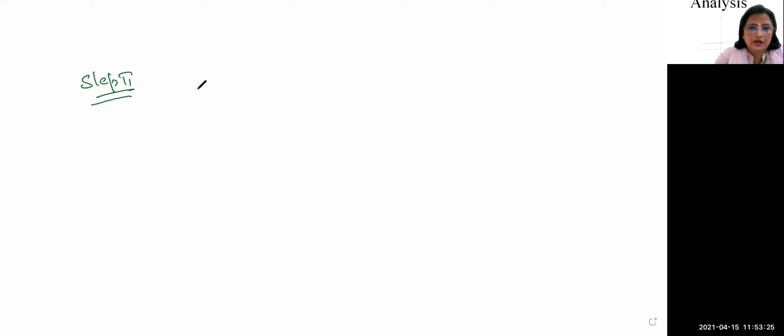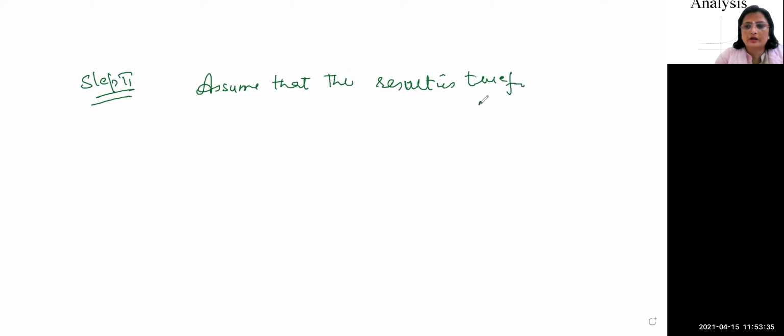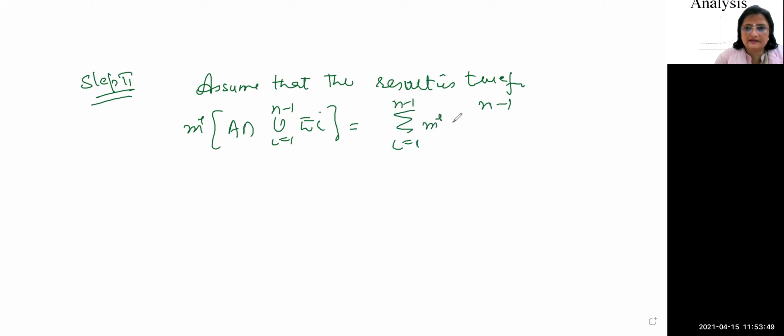Step number 2, assume that the result is true for n minus 1. It implies m star A intersection union, where will it go? i running from 1 to n minus 1 Ei is equal to summation i running from 1 to n minus 1 m star A intersection Ei, right?